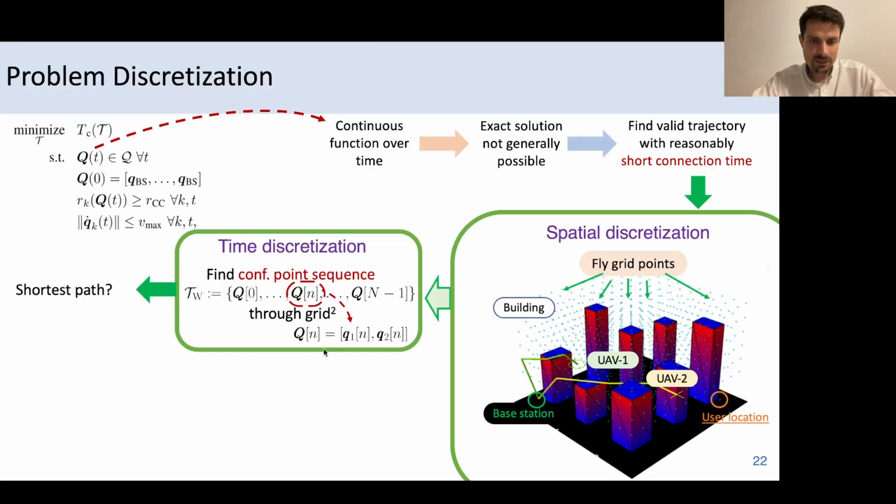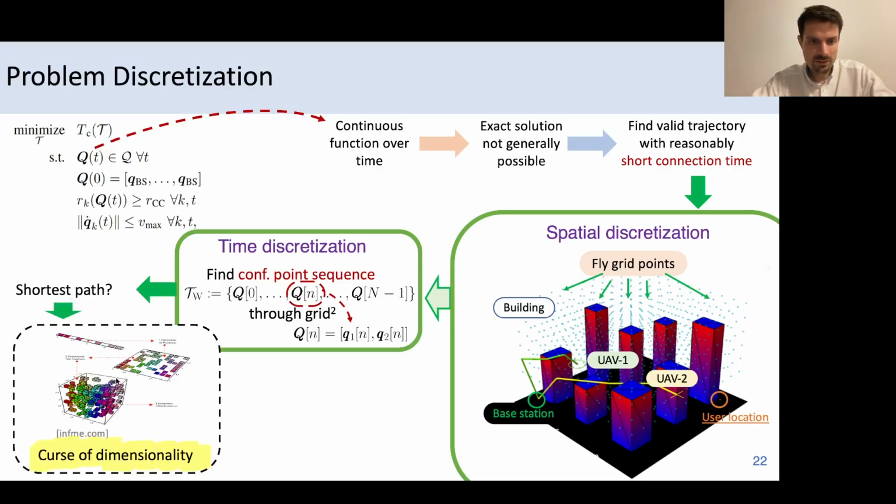So if one sees such a problem over a discrete space, the natural approach to consider is a shortest path algorithm. However, this suffers from the curse of dimensionality.